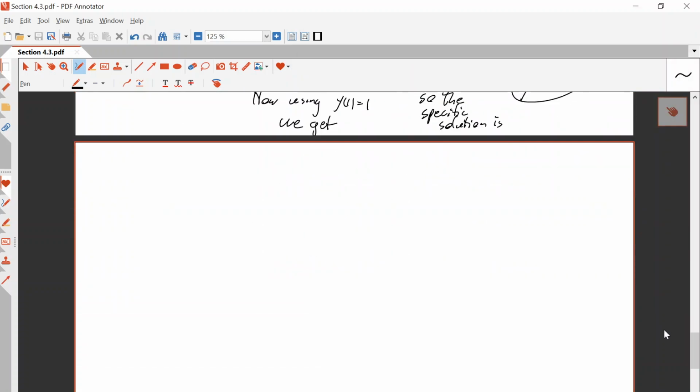Okay, so differential equations are most often used for representing various aspects of physical systems. So separable differential equations, here's a classic one.